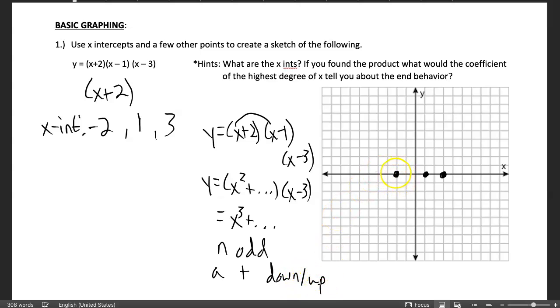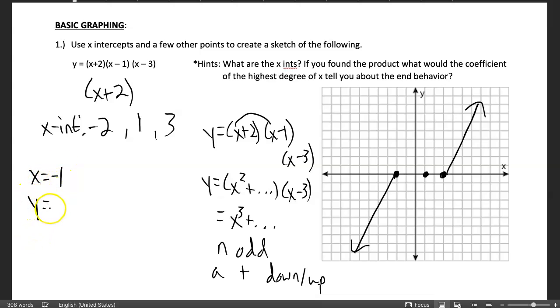So now we know to the far left, we're going down, and to the far right, we're going up. Now all we need to do is plot a couple of points here. Let's test the points -1, 0, and 2 to see what our solution will be. So if x is equal to -1, what is this going to be?